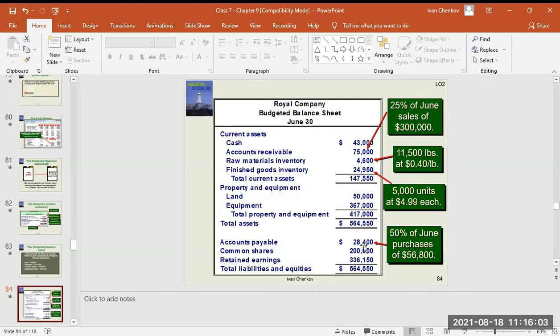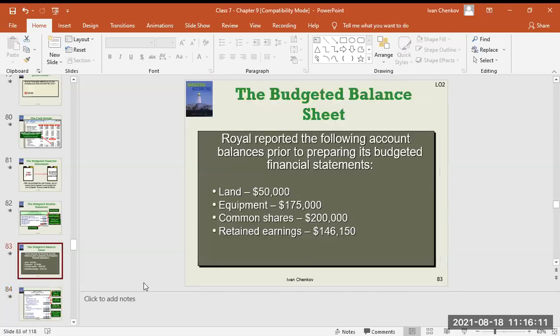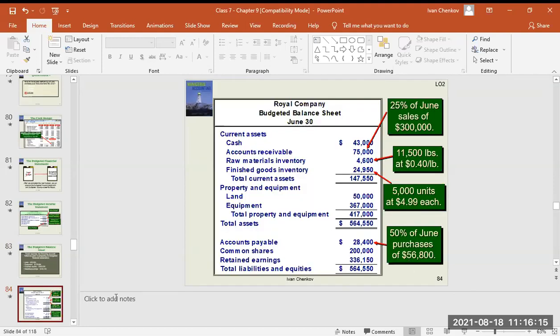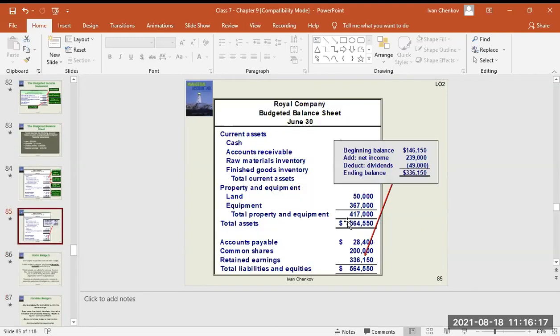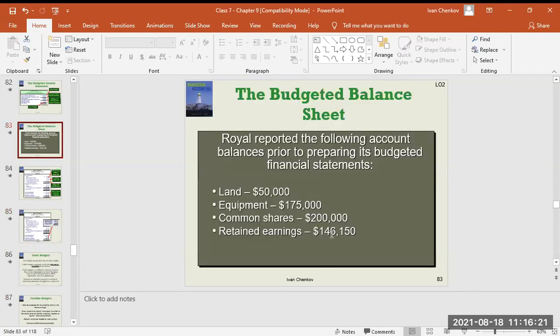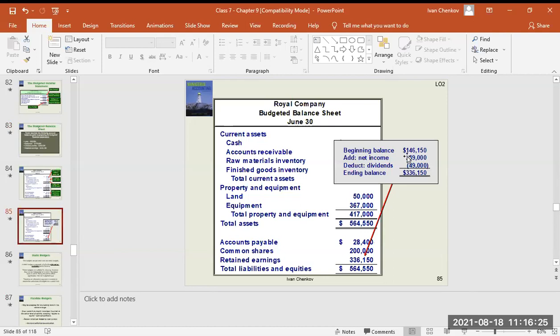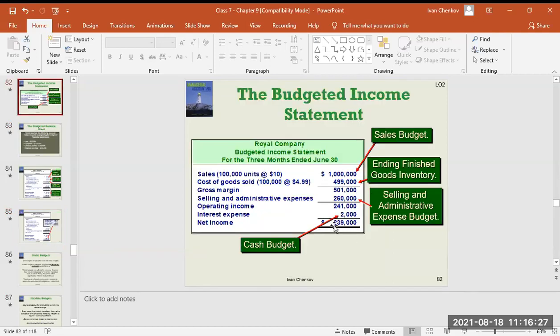Now, accounts payables, this is the 50% of the purchases in June, which we already calculated. Common shares, they don't change, they're the same. The last thing that's left is the retained earnings. On the retained earnings, we have to do the following calculation. We're going to get the beginning balance, which is 146,150. We're going to add the income, 239.